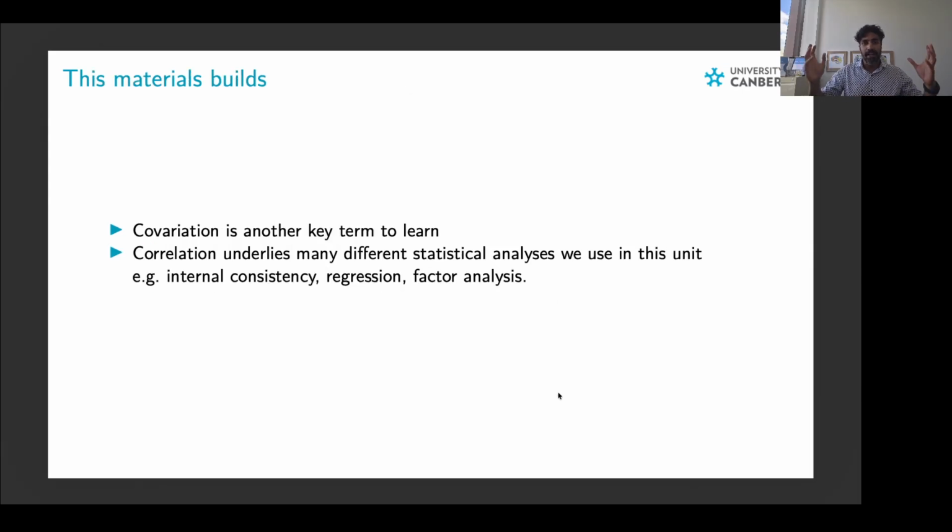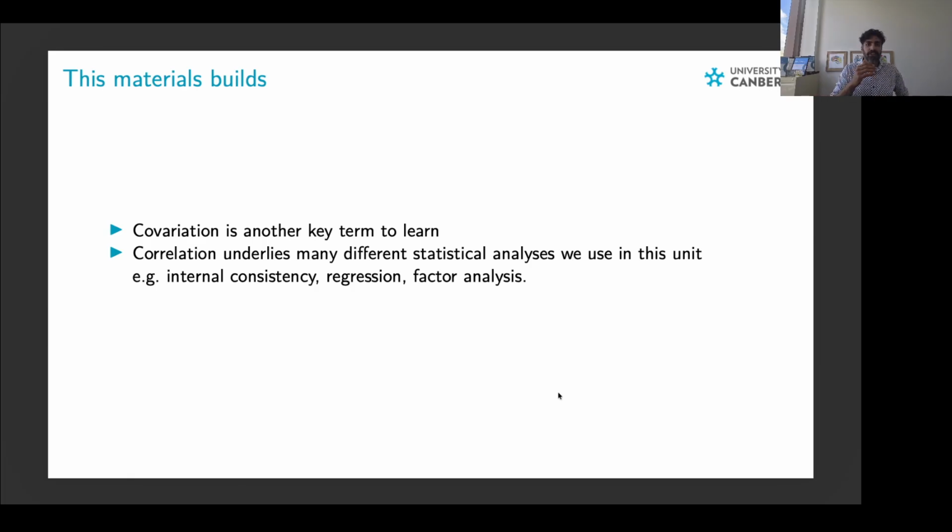In understanding that, it's important to recognize that this is another term to learn when it comes to covariation. Statistics, again, is just a language with a number of new terminologies, and the more that you can really understand what the terms are and connect those terms with their meaning, the better you'll be able to understand statistics.